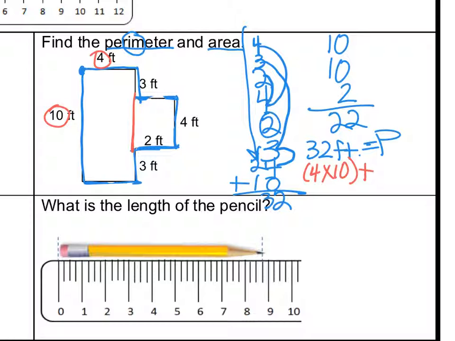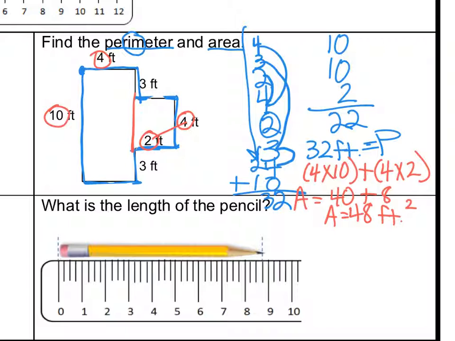And then on this one, the longest side is 4 and the shortest side is 2. So we'll do 4 times 2. So this is going to give me area here. 4 times 10 is 40. Plus 4 times 2 is 8. So my area equals 48 feet squared, because remember, area is measured in squares.